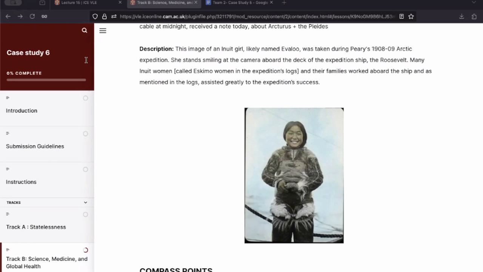Absolutely. It hasn't been specified exactly what work they're doing on the expedition, but we can see that they're there. Nuhash has an important point here in the chat about the fact that your presence in the village itself would be considered exploitative because there's a power imbalance. Exactly, there's a power imbalance.